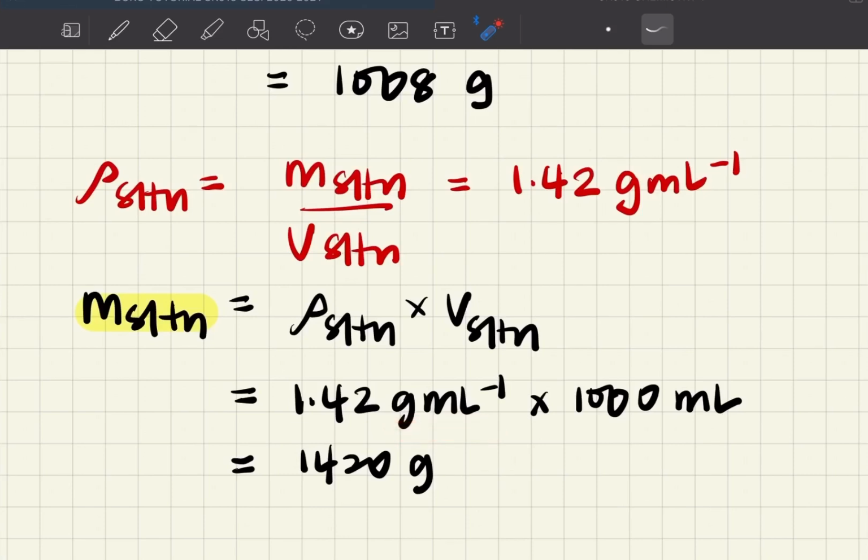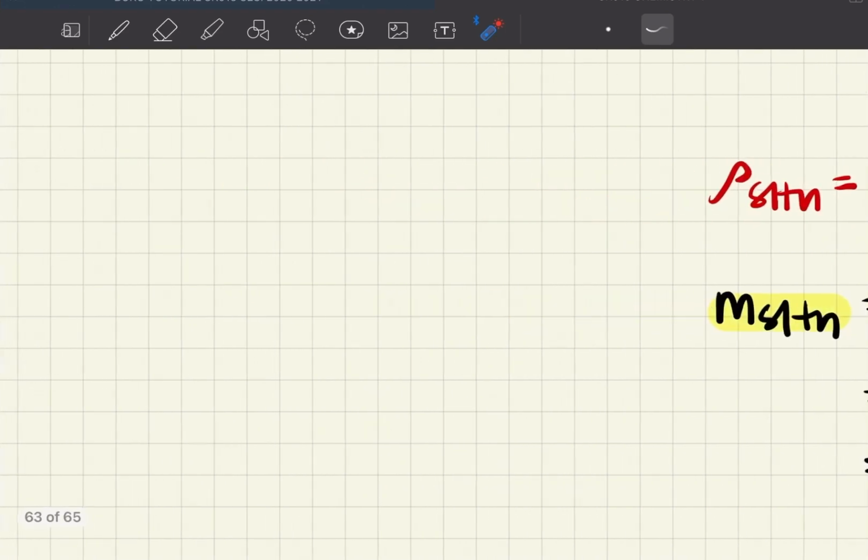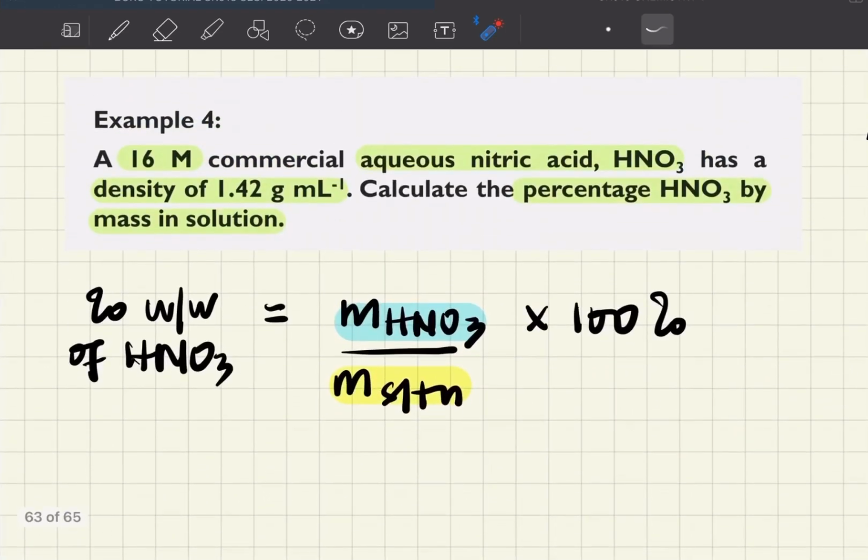So in order for them to cancel out each other, it needs to be in the same unit. So you get your mass of solution. Now you just plug in your values, ting ting, and you will get your answer. Alright, good job guys.